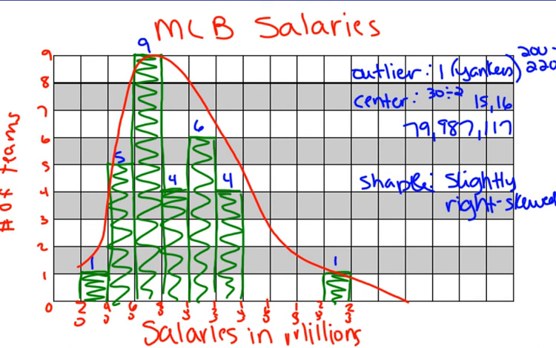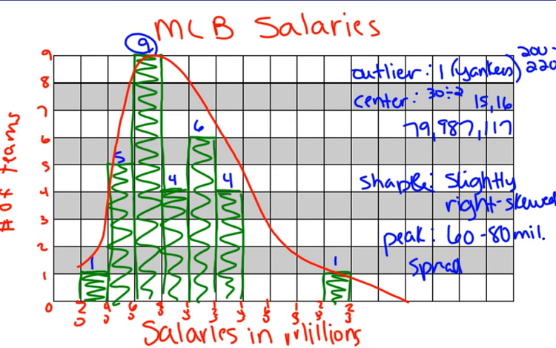And then the last things we'd look at, oh sorry, we still have peak and spread. My peak is happening right here at the 9, isn't it? So between 60 and 80 million. That's my peak.